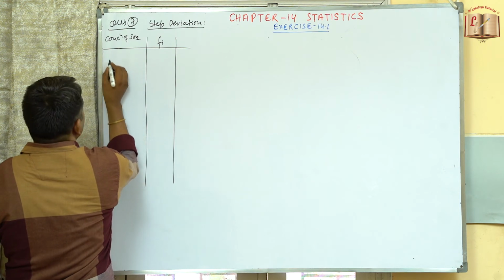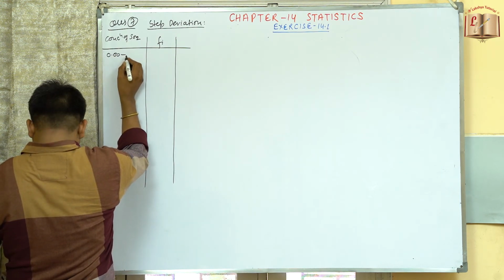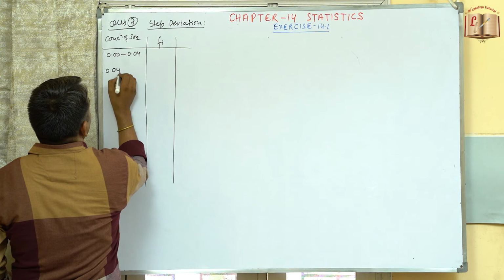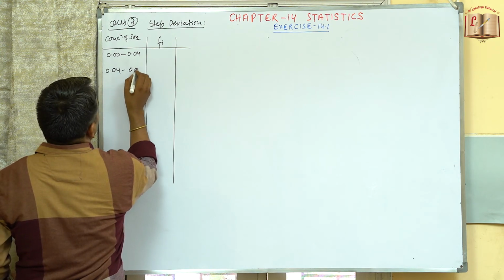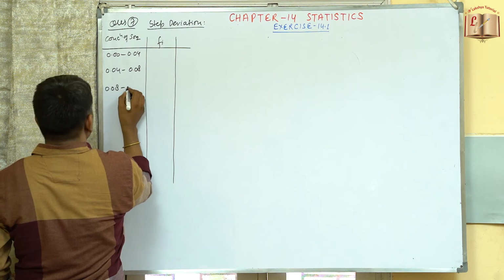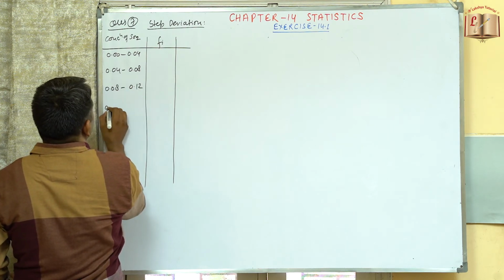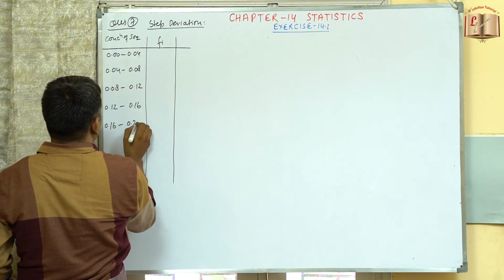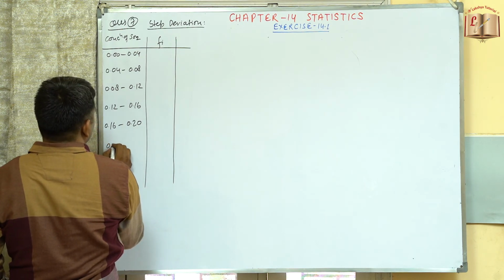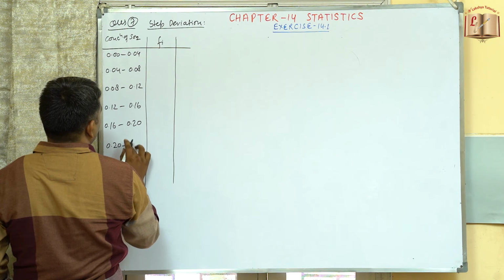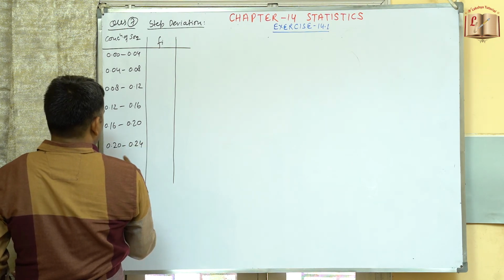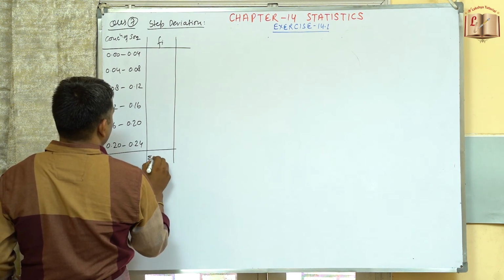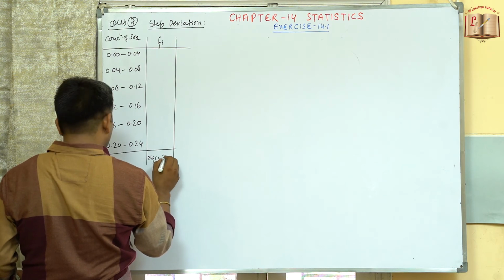So concentration of this is 0.00 to 0.04, the next is 0.04 to 0.08, then 0.08 to 0.12, then 0.12 to 0.16, then 0.16 to 0.20, and last is 0.20 to 0.24, and the total frequency sigma fi is given to us, this is for 30 localities.